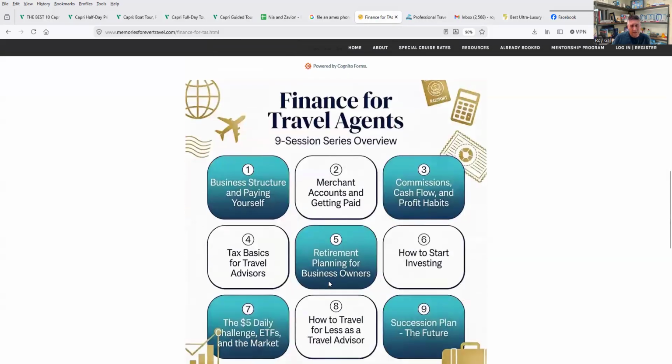The goal in this whole program is that one session leads to the other. When we talked about business structure last time, we were talking about how to pay yourself, whether it's 1099 or a W-2 salary, and the structure of the business. And now we're talking about merchant accounts and how to actually get paid, for yourself and for the agency.